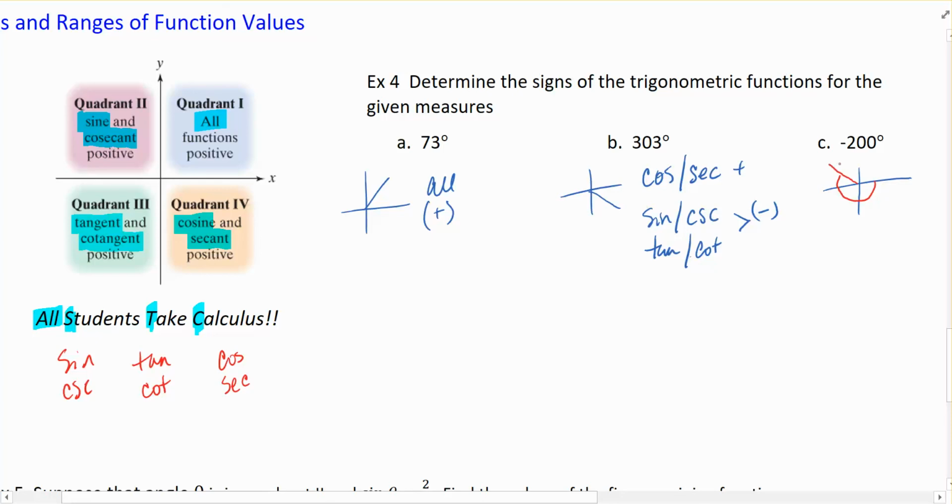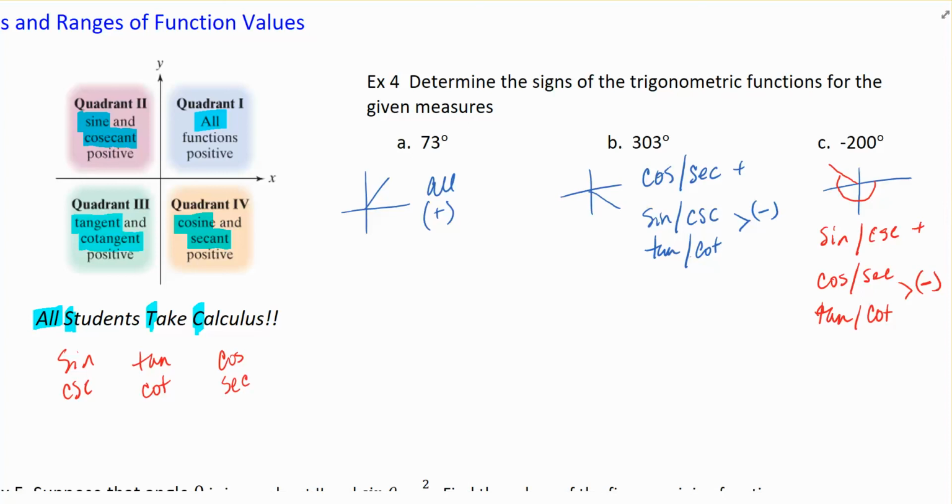When I'm in the second quadrant, sine and cosecant are positive. The remaining 4, cosine, secant, tangent, cotangent, are negative. So you can see that that acronym, all students take calculus, helps us determine what the sign, positive versus negative, is going to be depending on what quadrant I've landed in.